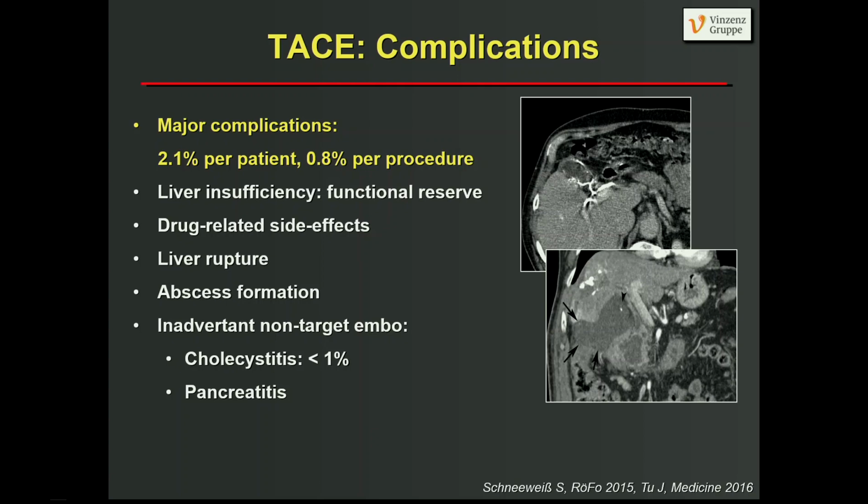You may see drug-related side effects because of the chemotherapy. You may see liver rupture, abscess formation, and then sometimes, depending on the vasculature, also depending on expertise, you may have inadvertent non-target embolization. Less than 1% of patients get cholecystitis, pancreatitis, or you may even have embolization to the duodenum or to the spleen.